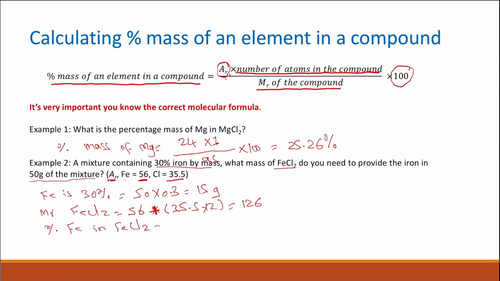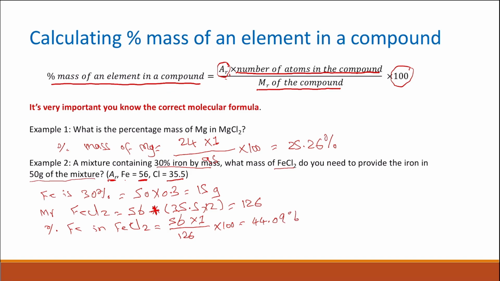Now let's calculate the percentage iron in iron chloride. The percentage mass of iron in iron chloride, we will apply this equation again. It will equal the relative atomic mass of iron, which is 56, times the number of atoms in the compound, which is 1, because there is only one iron, divided by the relative formula mass of iron chloride, which is 126, times 100, and then the percentage is 44.09%.